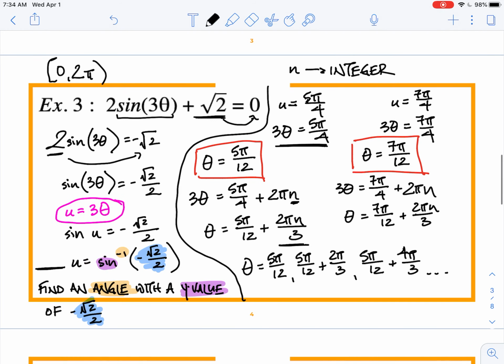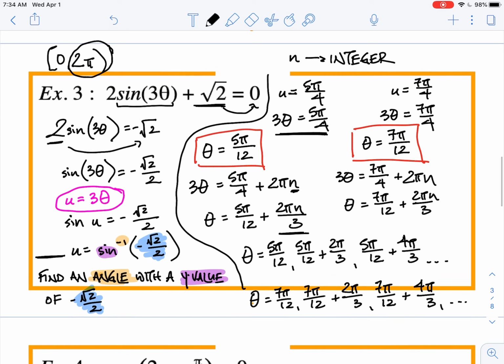So I could have 7 pi over 12. I could have 7 pi over 12 plus 2 pi over 3. I could have 7 pi over 12 plus 4 pi over 3. And I would just keep going until I reached 2 pi. Then I would know I had all of my answers.